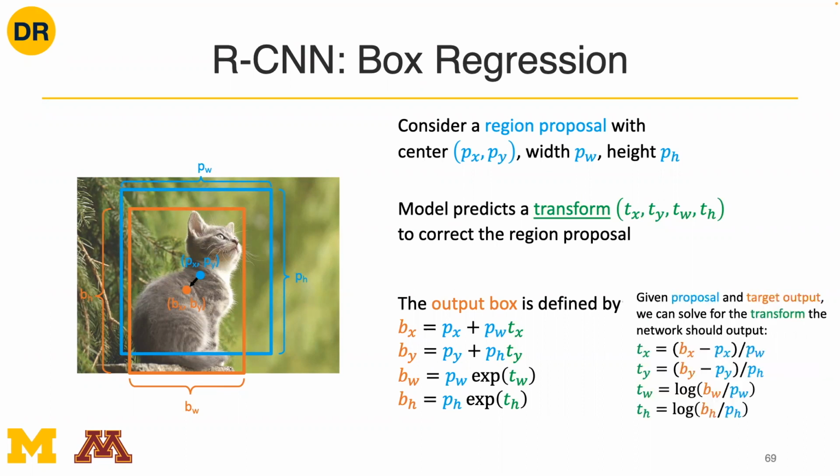So if you want to think about it from the training point of view, let's say bx, by, bw, bh are coming from your ground truth. The way you can compute tx, ty, tw, th is just by inverting the algebraic operations. Is this clear, like how RCNN is doing?